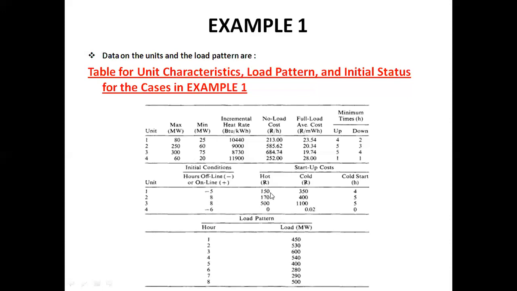It is also given that the hot start cost, that is the startup cost, is 150, 170, 500 and 0, and the cold start is 350, 400, 1100, and 0.02, and the cold start hours are 4, 5, 5, 0.